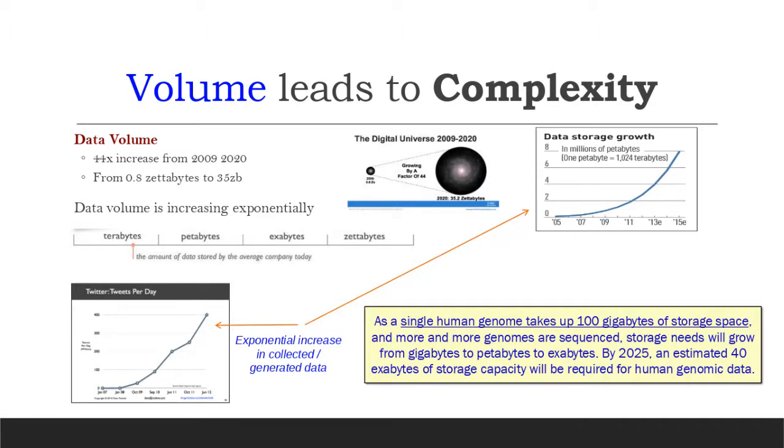But as a single human genome takes up 100 gigabytes of storage space, and more genomes are sequenced, storage needs will grow from gigabytes to petabytes to exabytes and so forth. By 2025, an estimated 40 exabytes of storage capacity will be required for human genomic data.